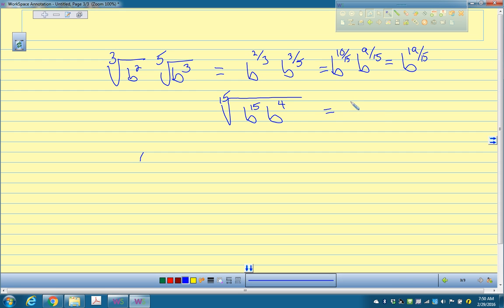But what that allows me to do is pull out a perfect 15th root outside of the box, keep the 15 out here. That's the 15 right here. It's not B to the 15th times B to the 4th. Okay? So that's how you'd rewrite that. So you can pull this B to the 15th outside of the box. You understand what I just did, most of you guys? Okay. All right. Just two more examples, and then I'll be done.